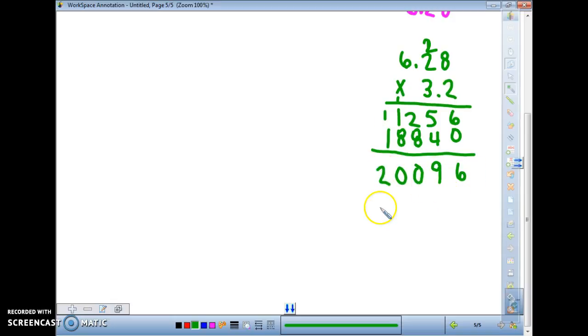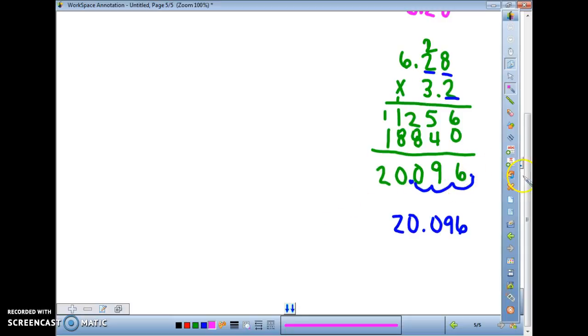So now that you've got it all multiplied out, now you can look at those decimal places. I've got 3 decimal places, don't I? So start right here and count back 1, 2, 3. So it's 20.096. Okay. Oh, she said, oh, that's easy. Did y'all hear? It is easy. 6.